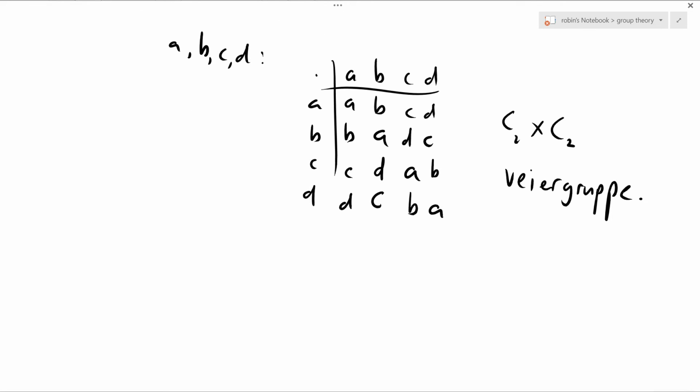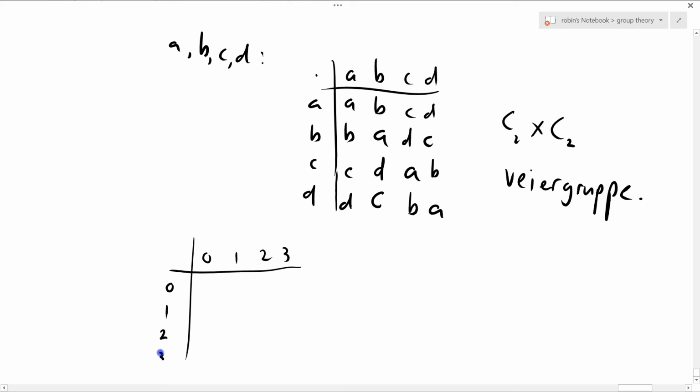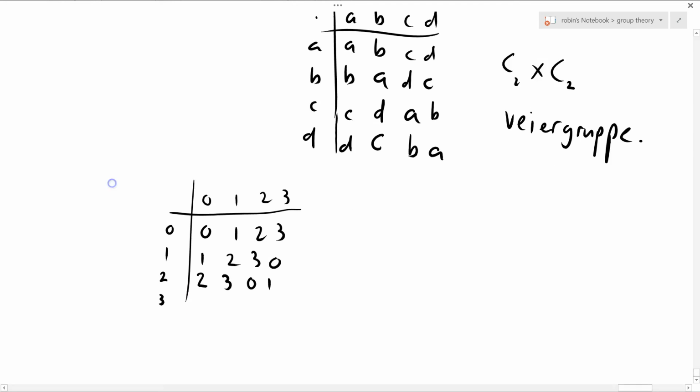While I'm talking about that, I'm going to write another one down: 0, 1, 2, 3. This is addition modulo 4. All that is addition modulo 4.